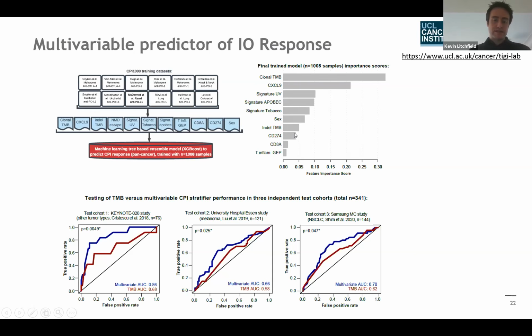And then we validated this in 3 separate cohorts that hadn't been used in any of the training steps: a pan-cancer cohort from a KEYNOTE study here, and then a melanoma study, and then a lung cancer study. And we see across all 3 of these cohorts that the multivariable predictor had significantly better AUC performance than tumor mutation burden could achieve alone. And this is in total around 350 patients.